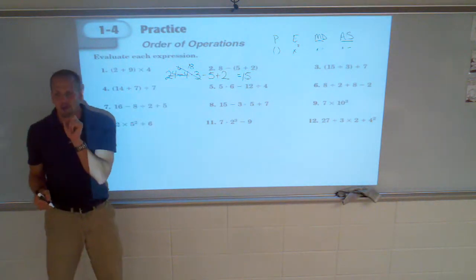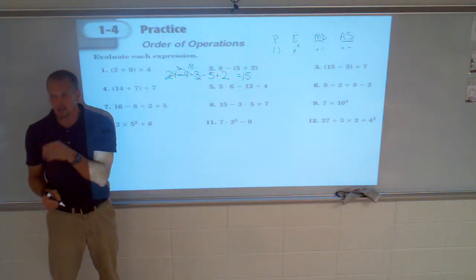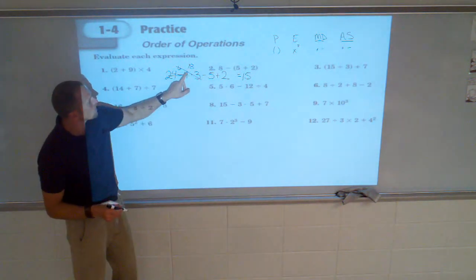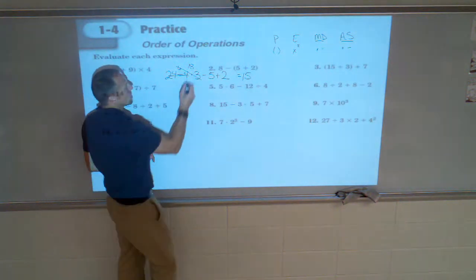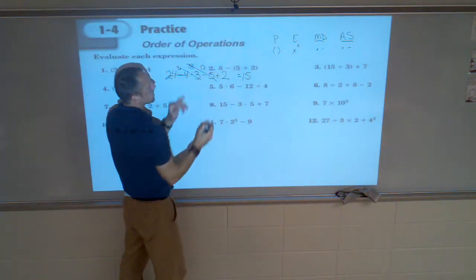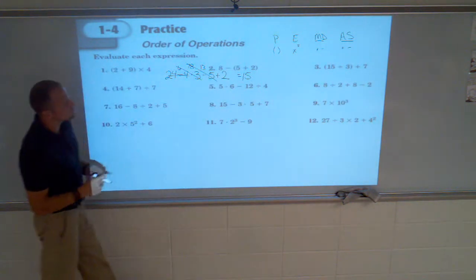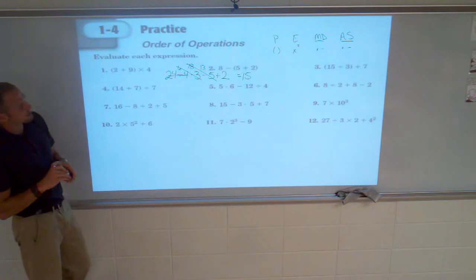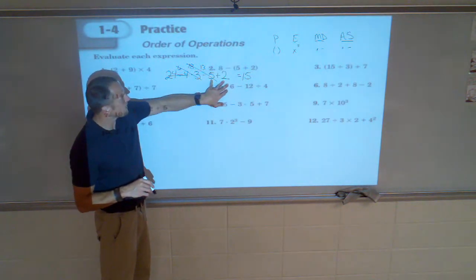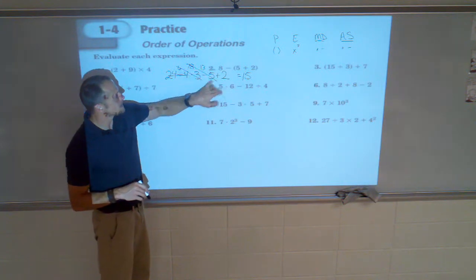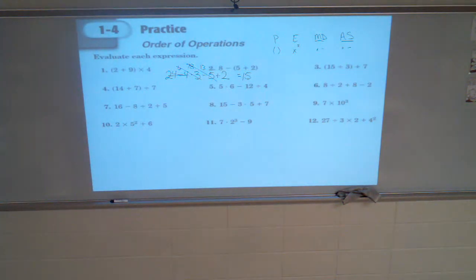Now we are ready for add, subtract. Work it, which way? Left to right. So first thing I have to do, 18 minus 5 is 13. And 13 plus 2 is 15. The mistake I saw most often was taking 5 plus 2 is 7 and taking 18 minus 7 and saying that was 11. All right, so make sure we are careful with that.